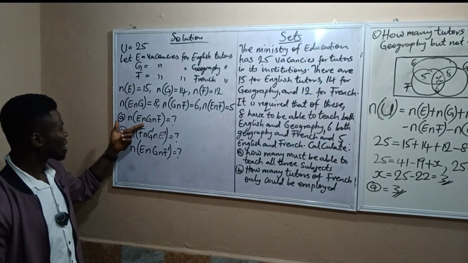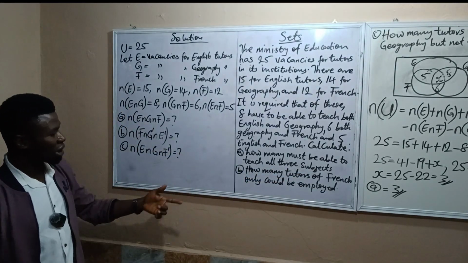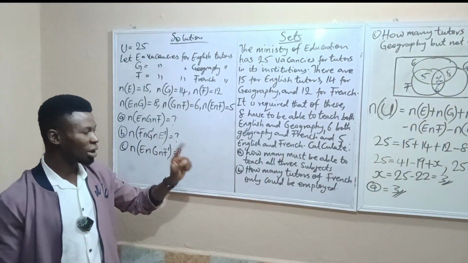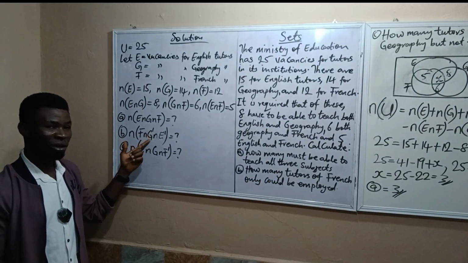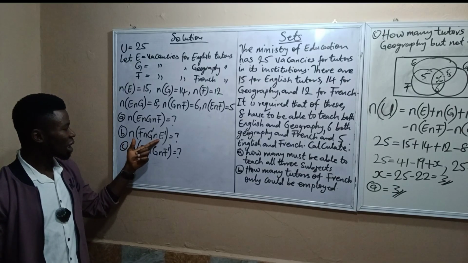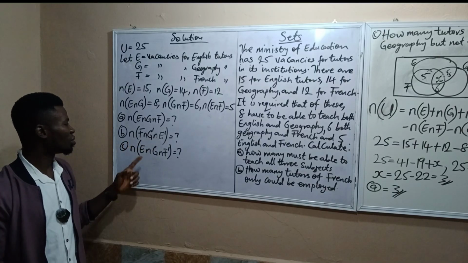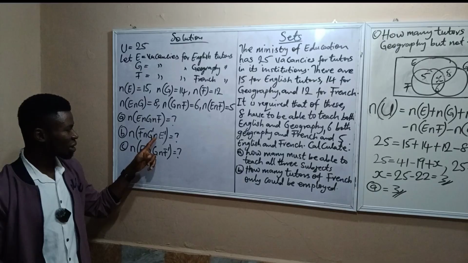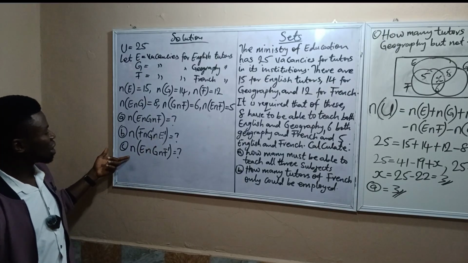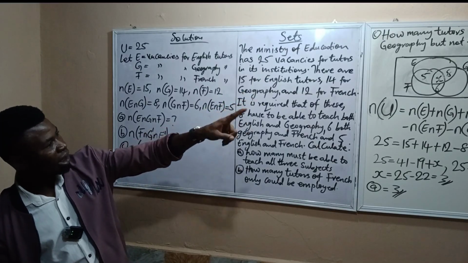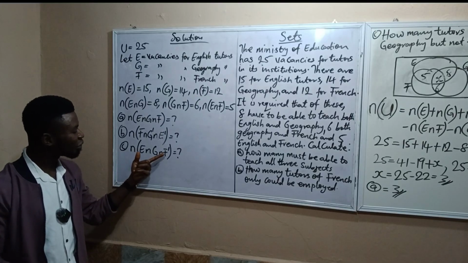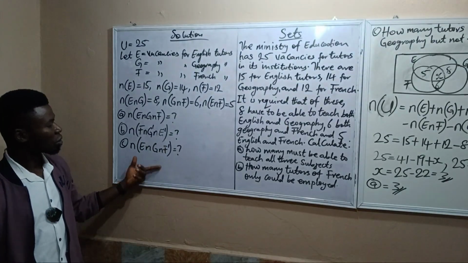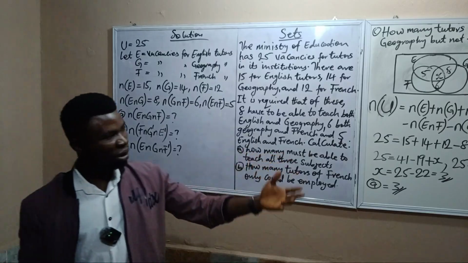You should know that it is the intersection of the three. And then when they said how many tutors of French only to be employed, you should know that it is French intersection G prime, which means those that are not teaching geography and those that are not English. So French alone means French intersection G prime intersection E prime. And then when they said how many tutors of English and geography, but not French, you should know that it is English intersection geography intersection French prime.